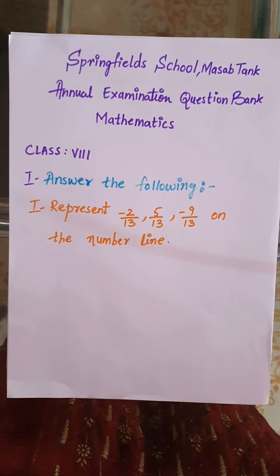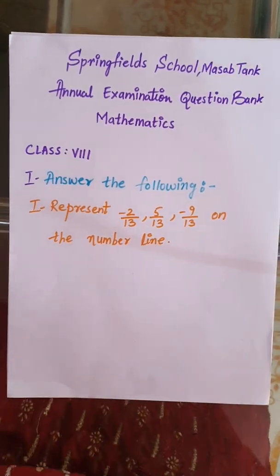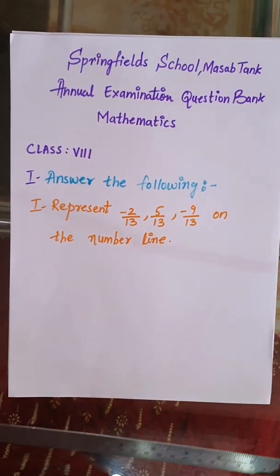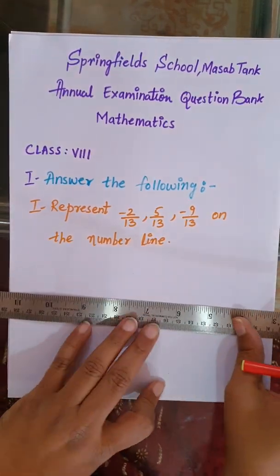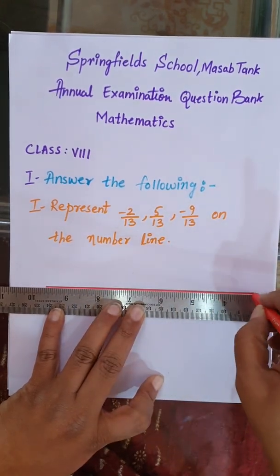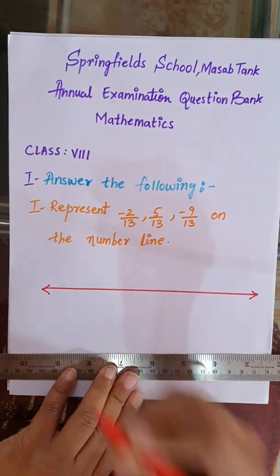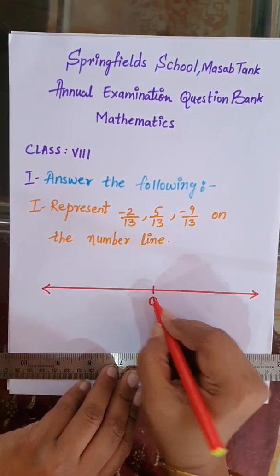Okay. The first question is represent minus 2 by 13, 5 by 13 and minus 9 by 13 on a number line. You all know how to draw a number line. With a scale, draw a horizontal line. Okay, mark the arrows. Okay, then in the center you have 0.